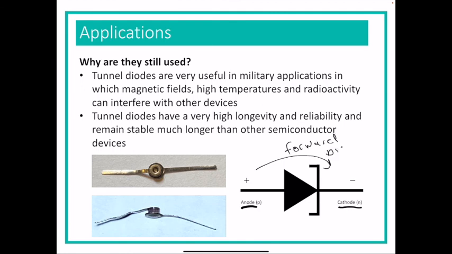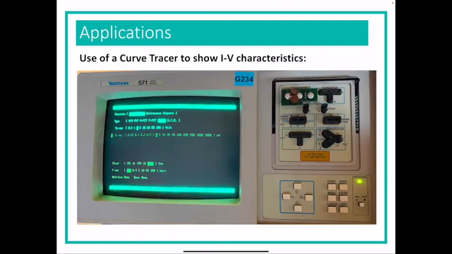So there's actually two different ways of determining how the diode is constructed. If you can get hold of one of these, and I actually did, you can use something called a curve tracer to show the current voltage characteristics. This is a Tektronix 571 curve tracer.